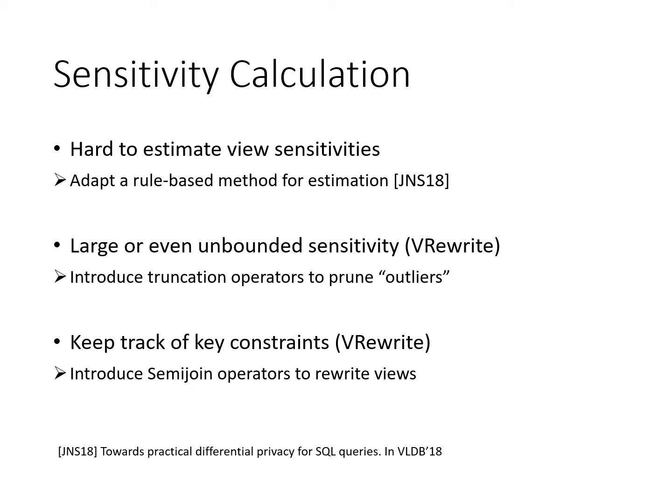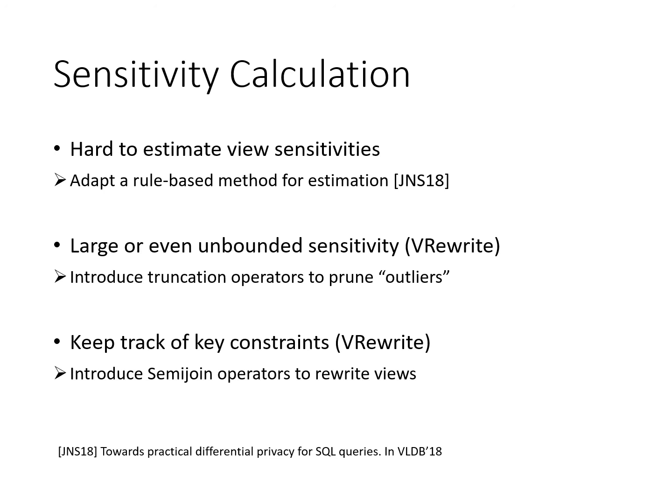As mentioned before, the scale of noise depends on the view sensitivity, but it is really hard to estimate view sensitivities since views may involve complex SQL operations like joins. To address this, PrivateSQL adopts a rule-based method for estimation.